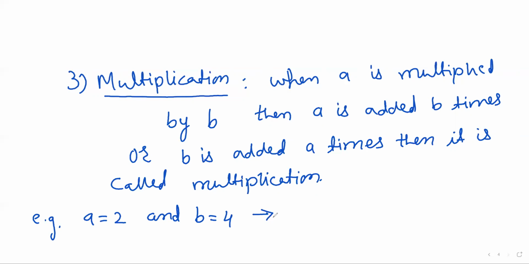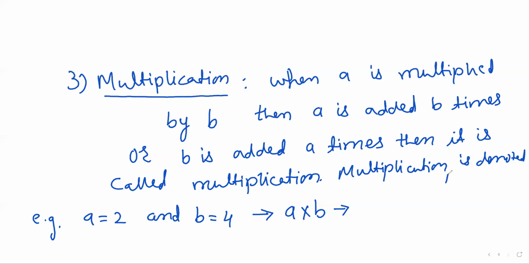Then when A is multiplied by B, here multiplication is denoted by x sign. Now here the value of A is 2 into 4.